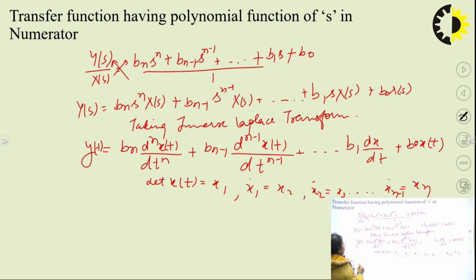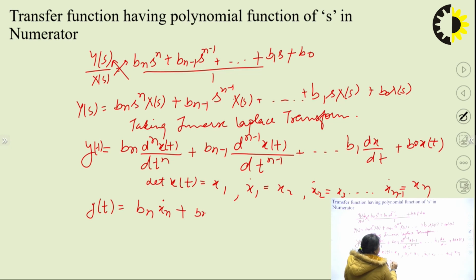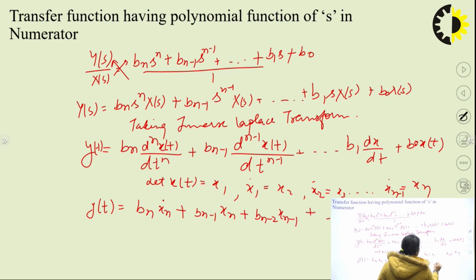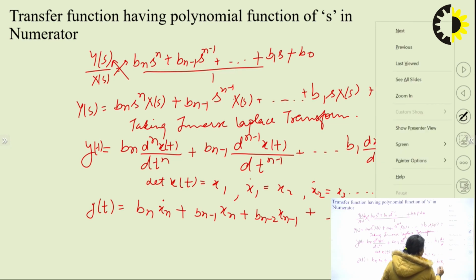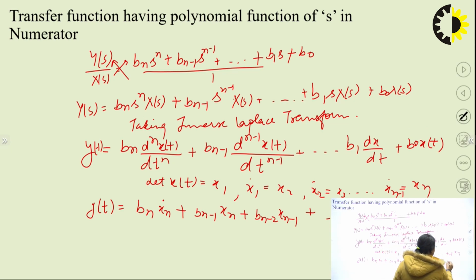So y(t) will be equal to, I can write it as y(t) will be equal to bn, and what should this be? This should be xn dot plus bn minus k1 xn plus bn minus k2 into xn minus k1, ठीक है, up to so on, और यहाँ आ गया हमारे पास b1 into x2 and plus b0 into x1.